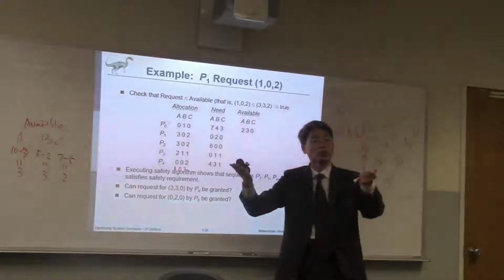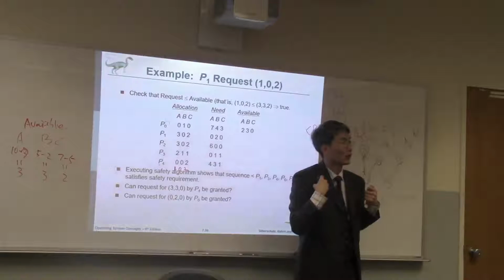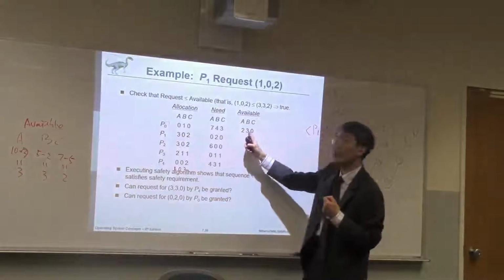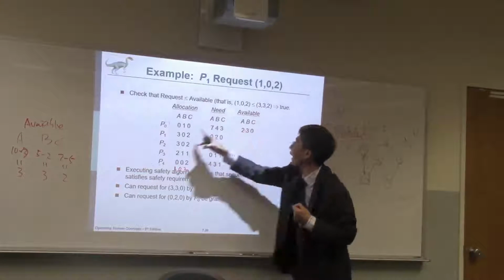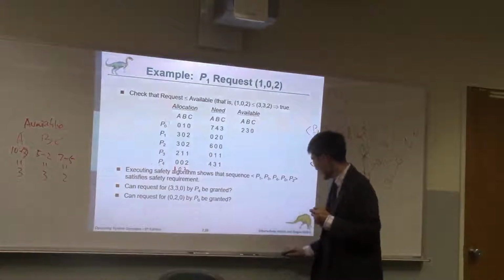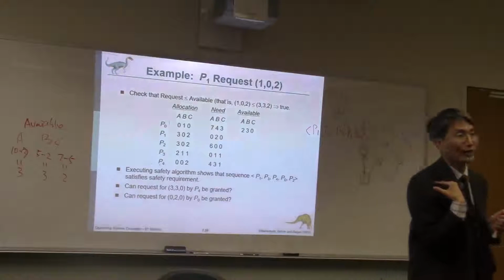We assume, what if we accept this request? The operating system assumes that is 302. Then available will be decreased because we assign 1 of A to P1 and 2 of C. So this is the current status when we accept the request.